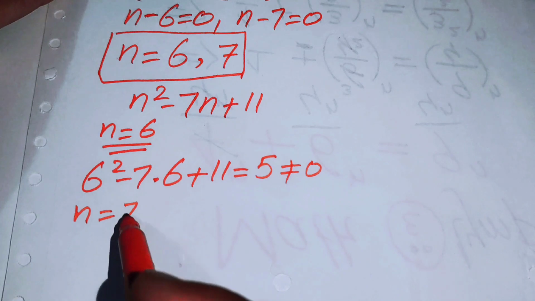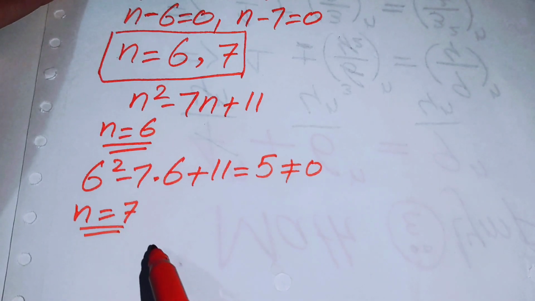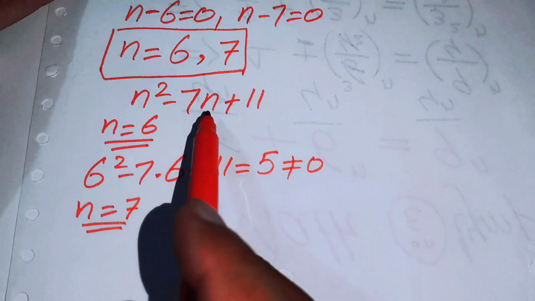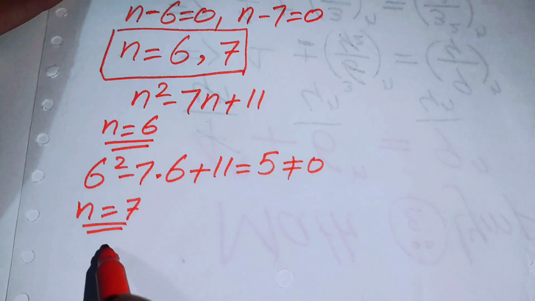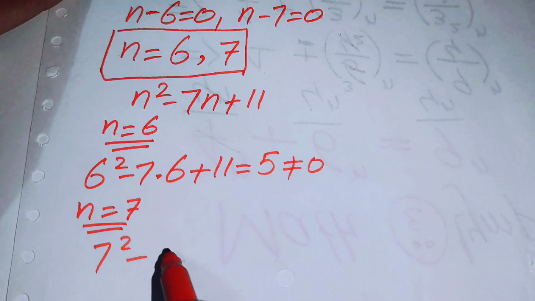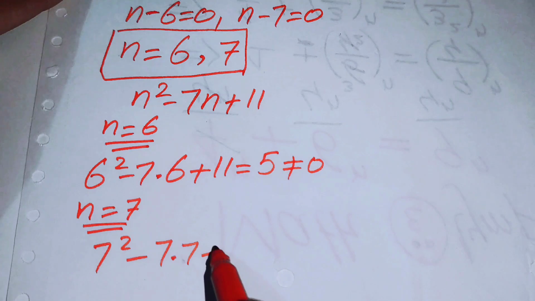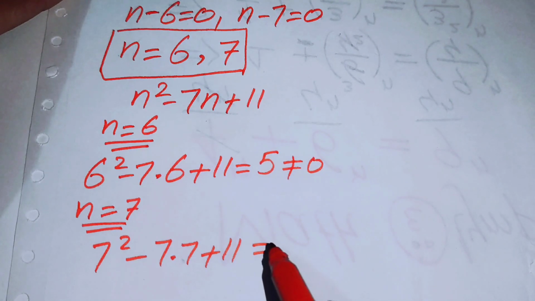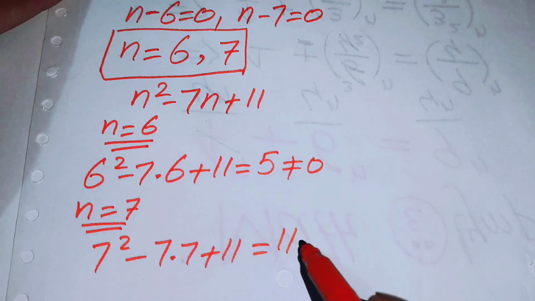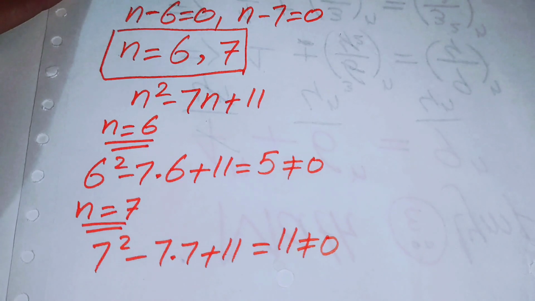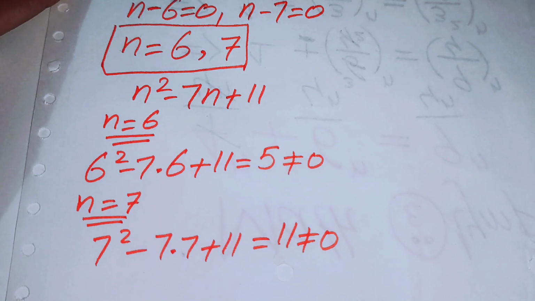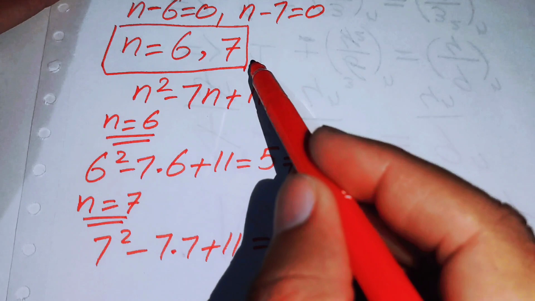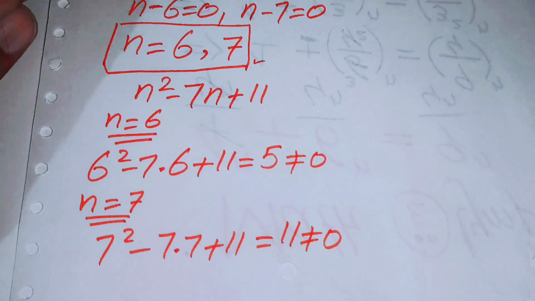Now we can check the second value, n is equal to 7. Putting it in this base, you get 7 squared minus 7 times 7 plus 11, which is equal to 11, and it is also not equal to 0. So this is also satisfied. So we have these two values in the second case.